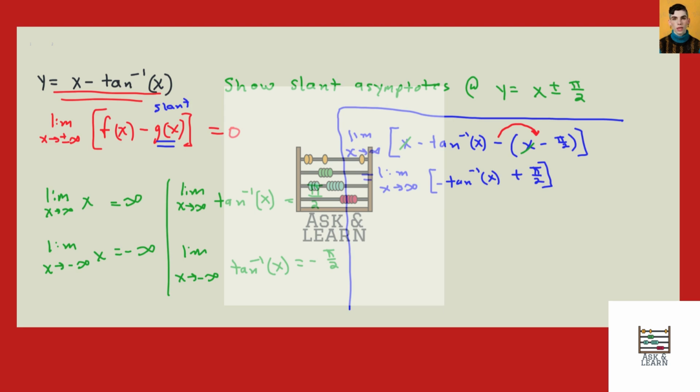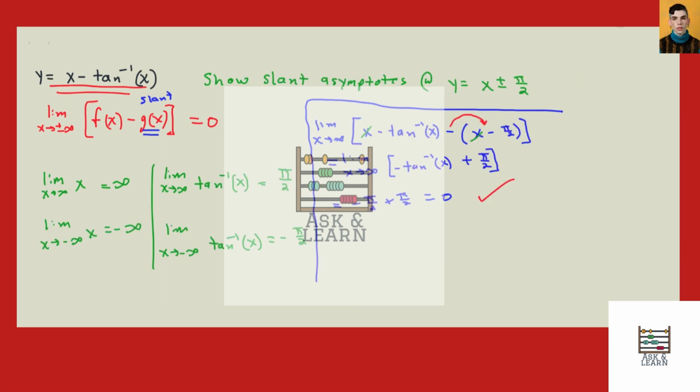And then we already said that the limit as x approaches infinity of tangent inverse should be pi half. So we'd get negative pi half plus pi half, which is 0. So that one checks out for being our slant asymptote as this goes towards infinity.